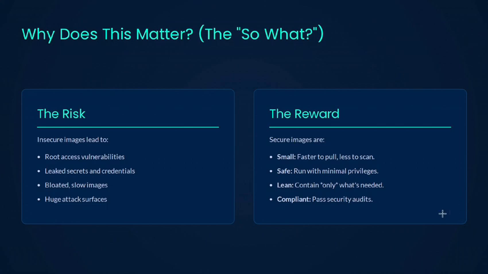On the right, the reward: secure images are small, which means they are faster to pull and scan. They are safe, running with minimal privileges, and they are lean, containing only the application code needed to run, which makes them easy to audit and deploy.